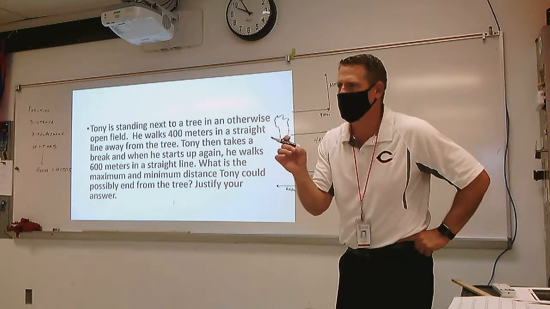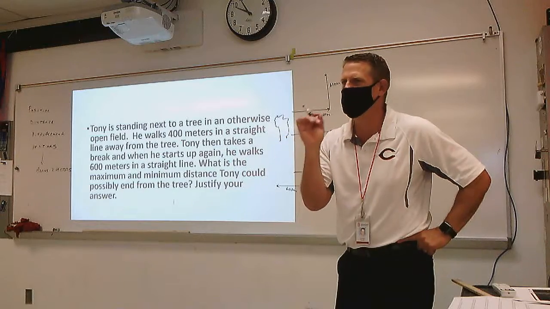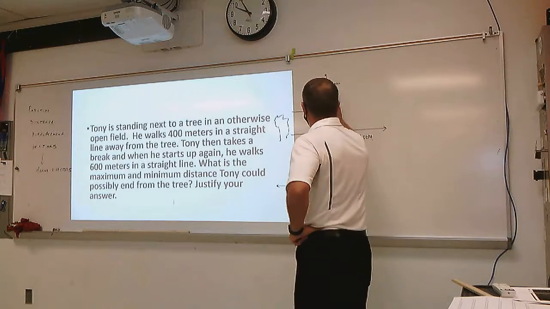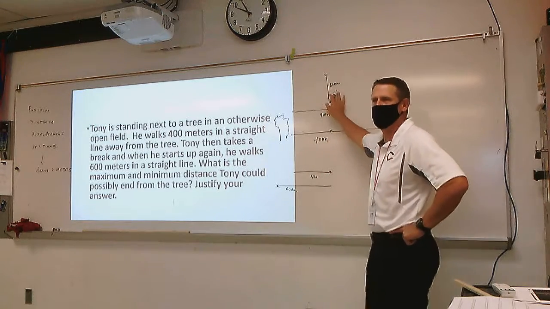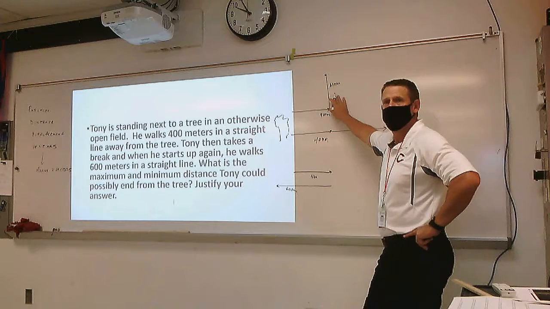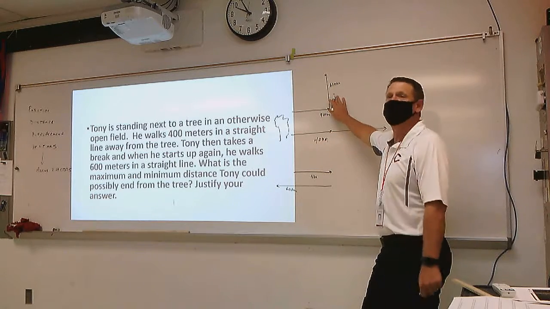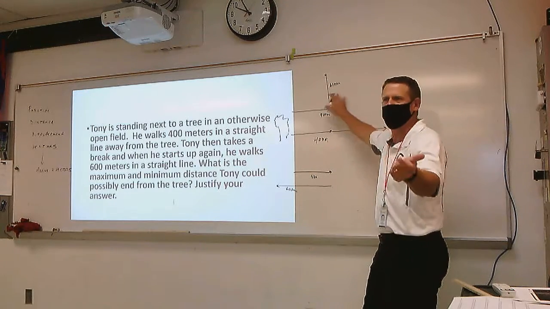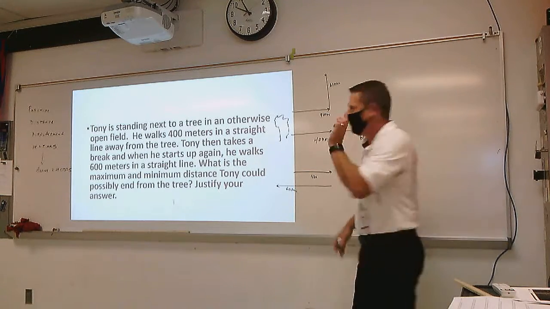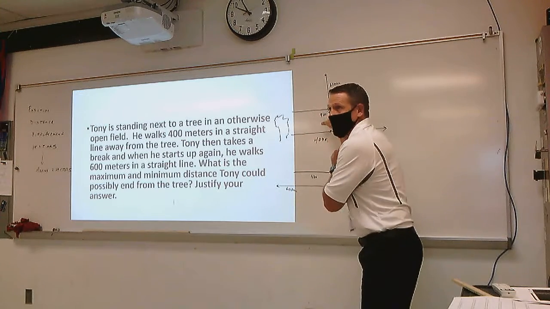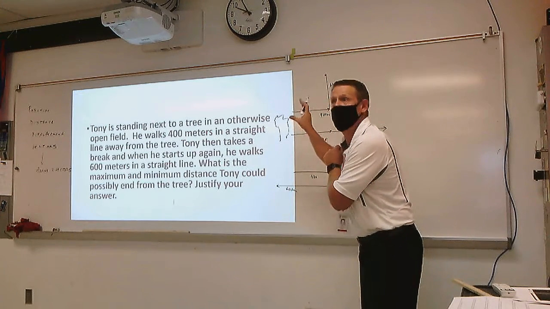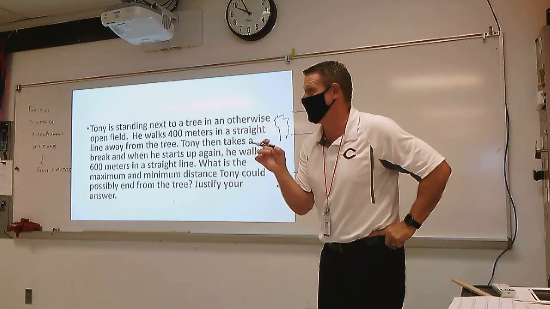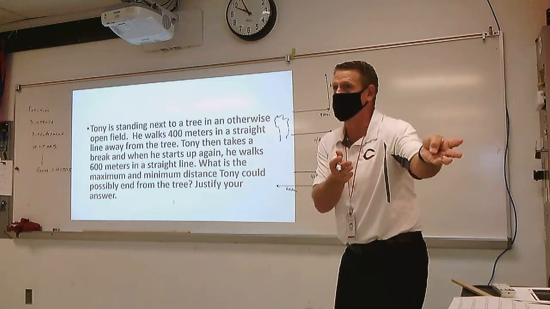How far away is Tony from the tree if he goes 400 meters this way, hangs a direct left on a 90-degree angle, and goes 600 up that way? Matt? You have to do a squared plus b squared equals c squared. It's exactly what you'd have to do. So it'd be 1,600 plus 3,600, square root of 5,000, I think, maybe, that is. Right? Guess what this is called? Vector addition. How do you add two vectors that are at right angles to each other? You use the Pythagorean theorem.